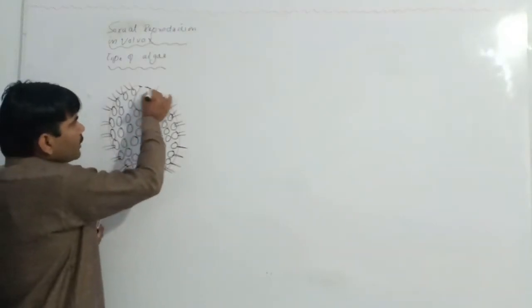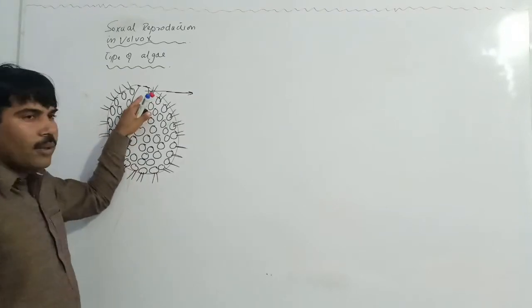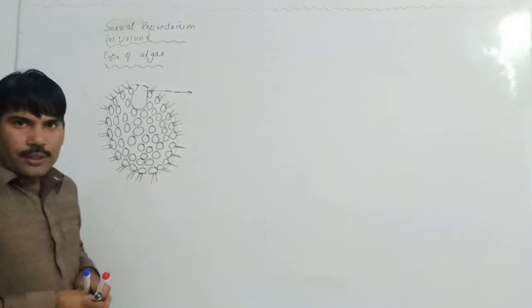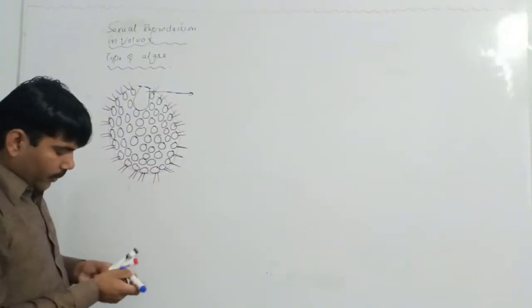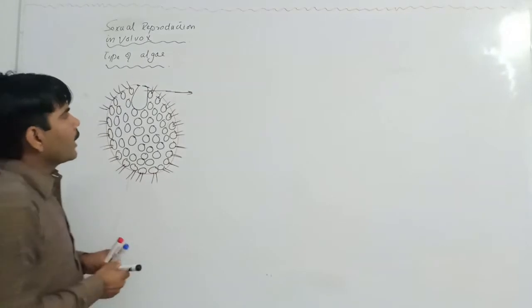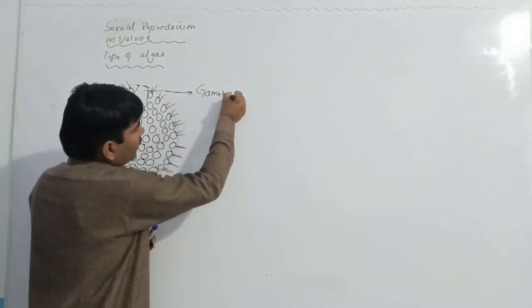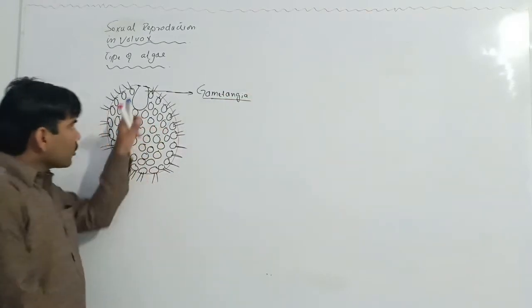And this type of cell which is enlarged and lost its flagella and which is going toward the sexual reproduction, this cell is known as Gametangia.